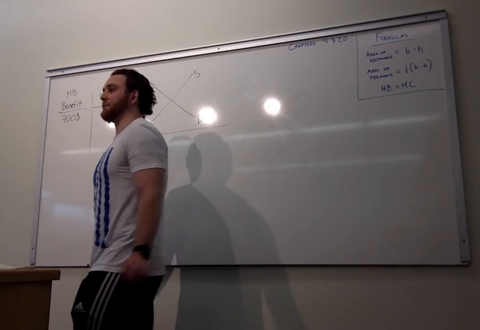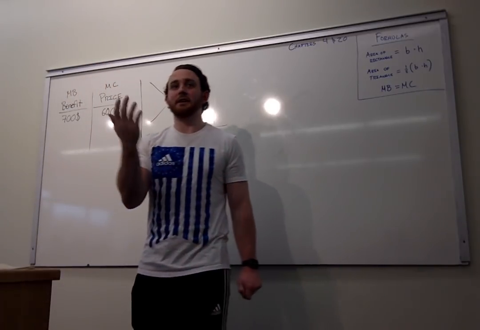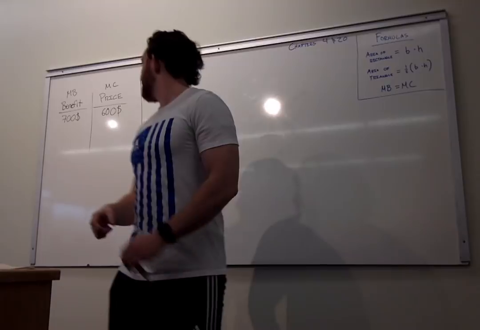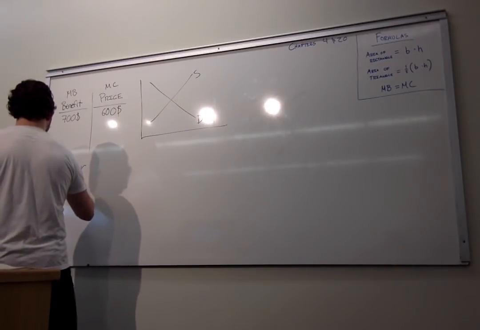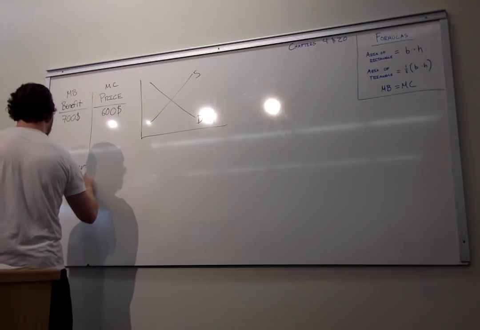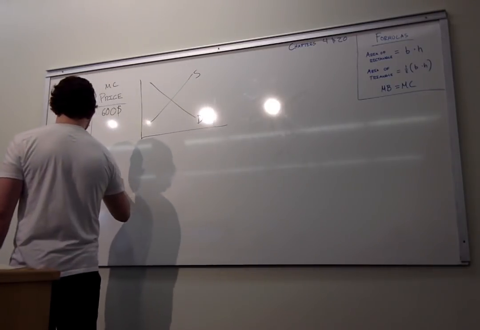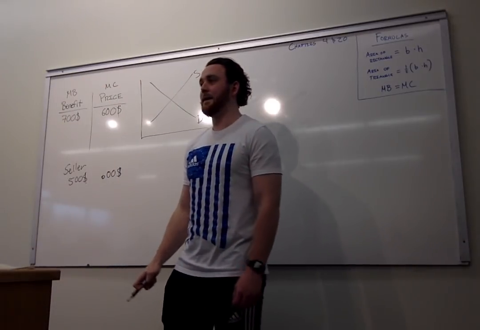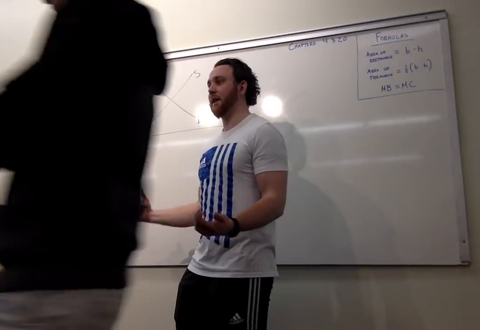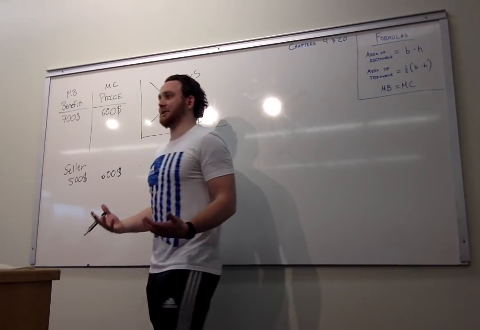And let's say the minimum price I was willing to accept when I'm selling my phone on KSL or eBay was $500. So I'm the seller. And then I sell it for $600. What would be my producer surplus? $100, right?